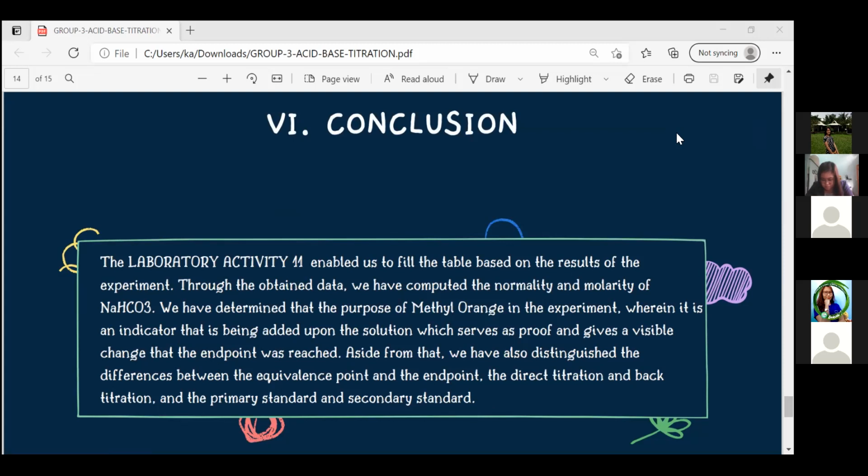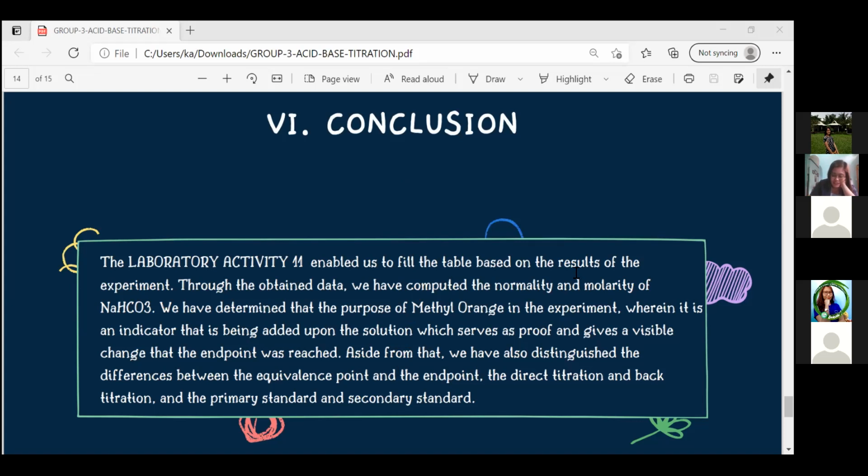Conclusion: the laboratory activity 11 enabled us to fill the table based on the results of the experiment. Through the obtained data, we have computed the normality and molarity of NaHCO3.